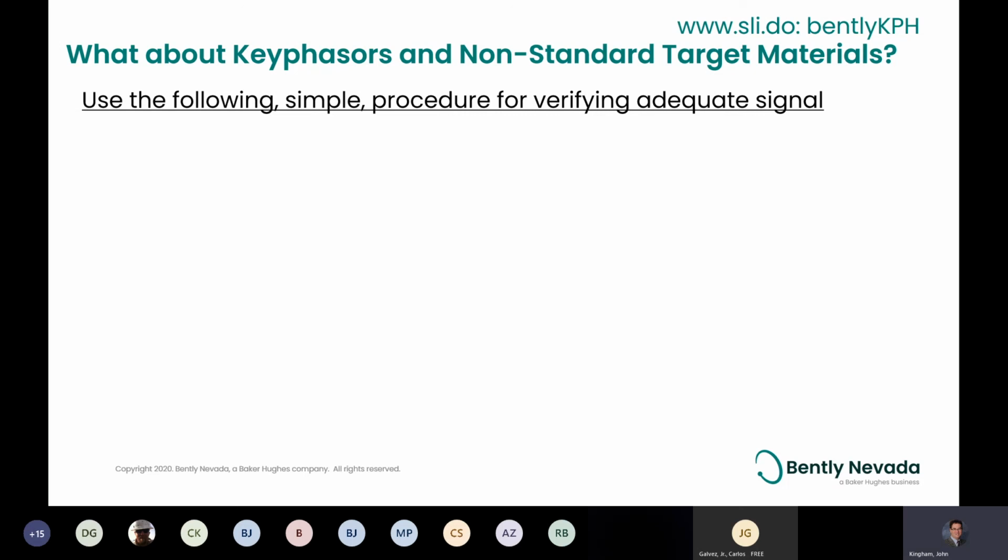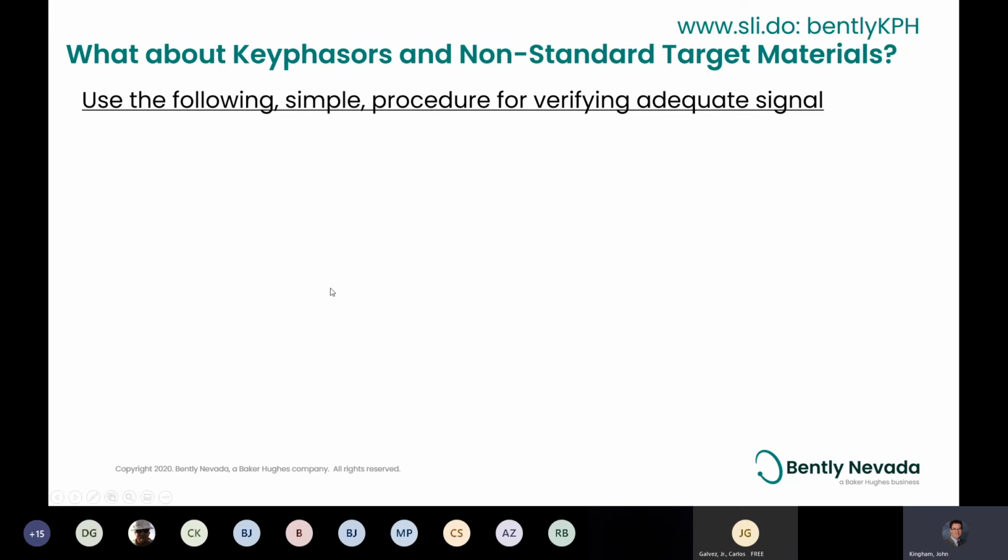So if you've been tuning in, you'll know that when you're using a different material than 4140, you're probably going to want to use a modified proximeter so that you get the correct scale factor. But is that important when you're doing a Keyphasor? It really is, because you're not looking for a value. You're just looking for that pulse. So if it's calibrated, it doesn't matter.